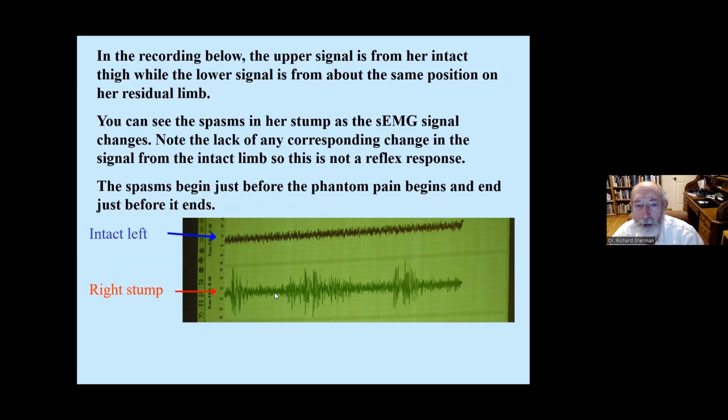When the muscle tension goes down, the pain disappears. So again, if this was a reflex, if something else was causing the pain, you would see a reaction here, but we don't see it. So it's actually spasms in the residual limb that are causing the phantom limb pain.